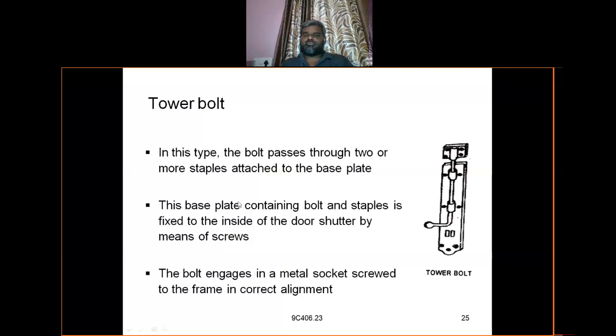This is a bolt. This base plate containing bolt and staples is fixed to the inside of the door shutter by means of screws. These are the screws. The bolt engages in a metal socket screwed to the frame in correct alignment.